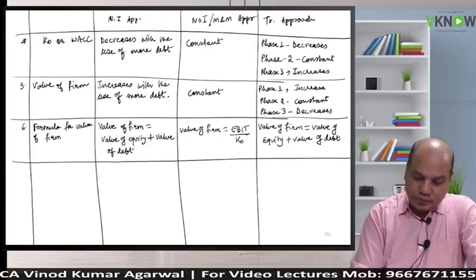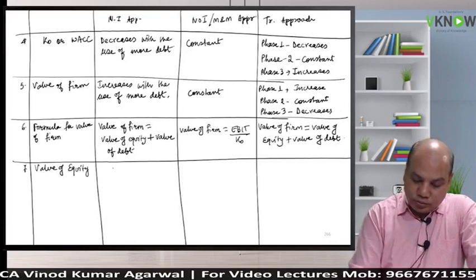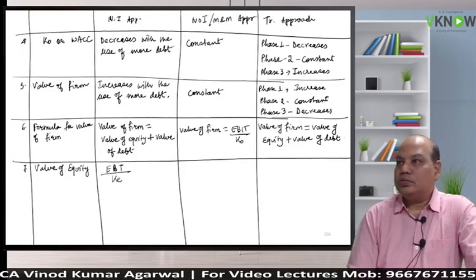Got it? Then how do you get value of equity? In net income approach, usually what we do, we take earning before tax divided by cost of equity to get the value of equity.